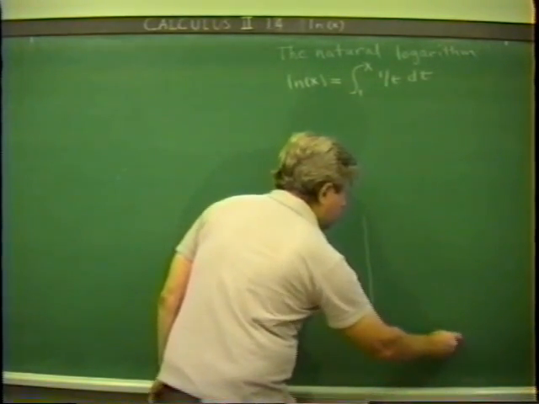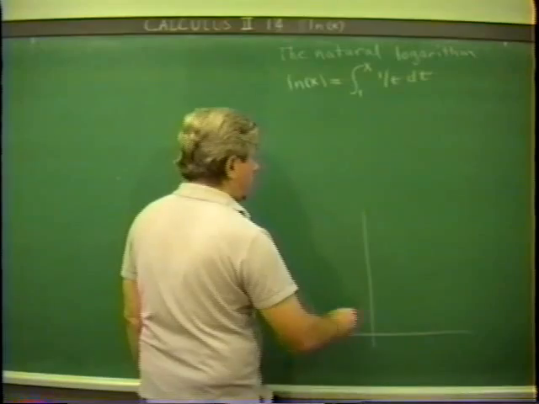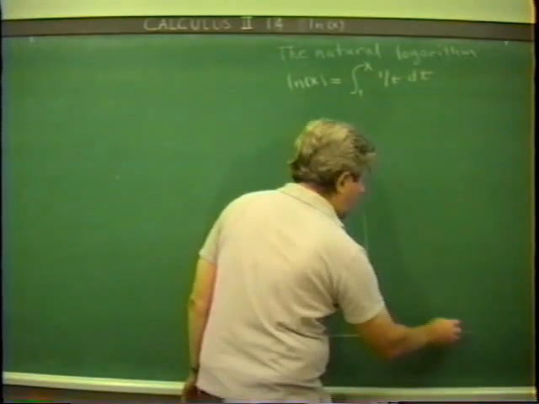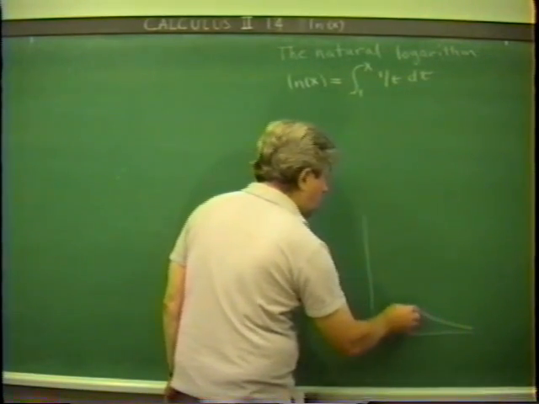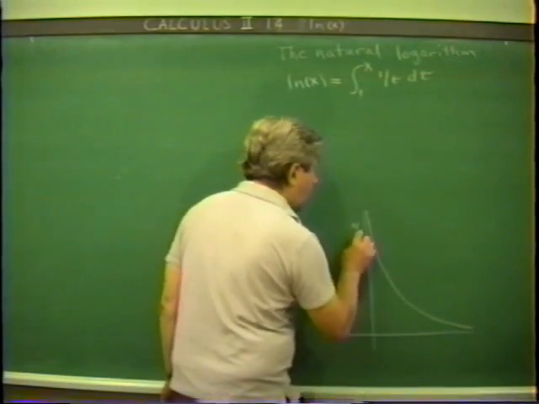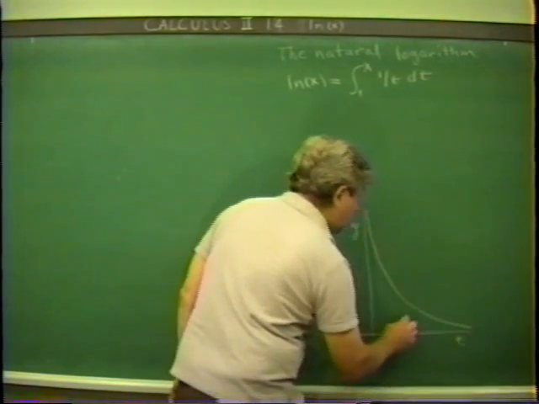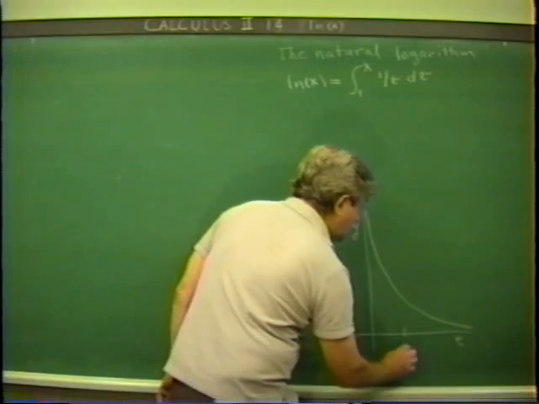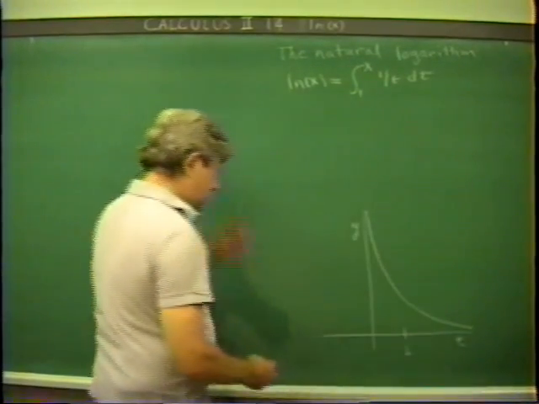So if this down here, let's say, is the function 1 over t, for t bigger than 0, with a y-axis and a t-axis, and here, let's say, is 1.